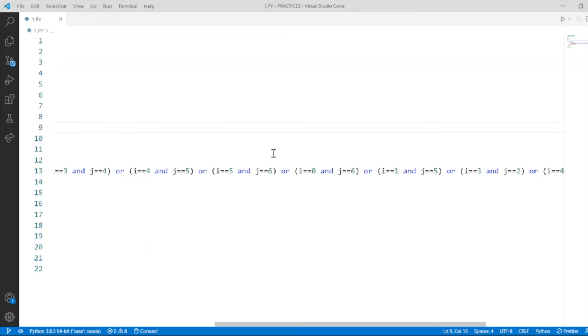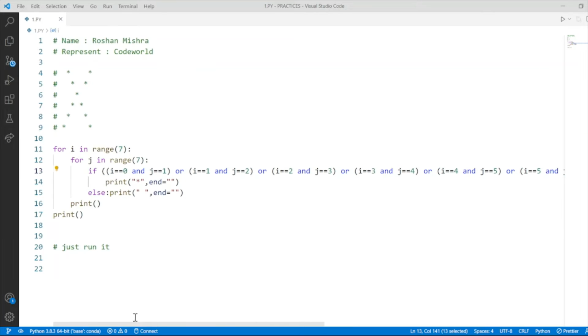And like this only, then again we will start from the first row and sixth column. So our first row is this one, and sixth column is this one. And afterward we will print, then our row should be I equal to 1 and J should be 5, because we want to print this star.